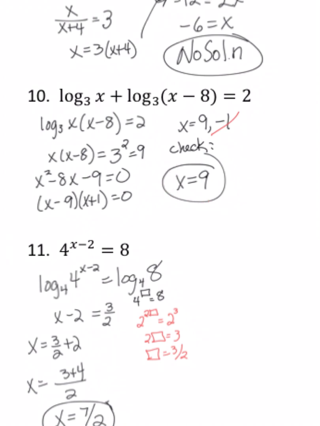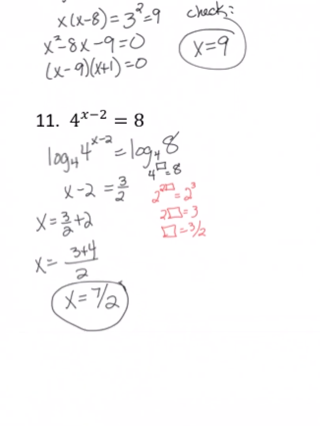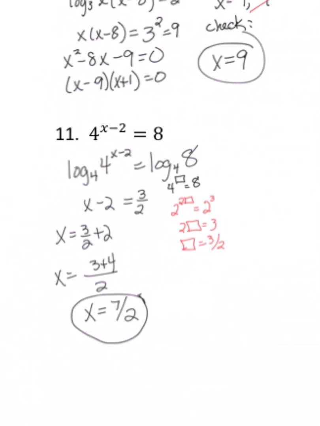For number 11, this is an exponential equation, but it works kind of the same way. If I take the log of this base on both sides of the equal sign, this is one way to do it. There's another way. I'll write it down in a second. But if I take the log with this base, both sides of the equal sign, I have this right here.